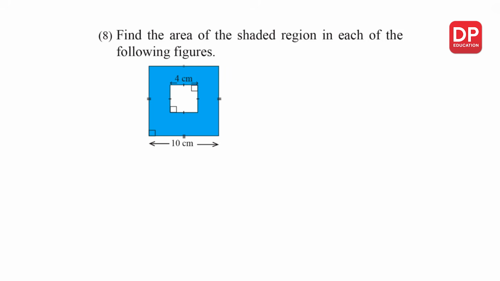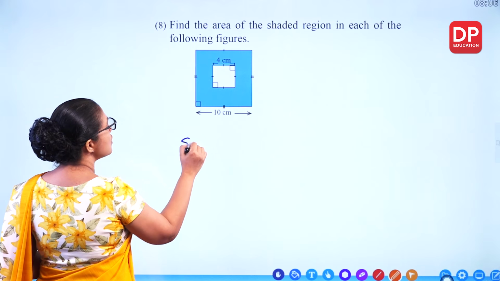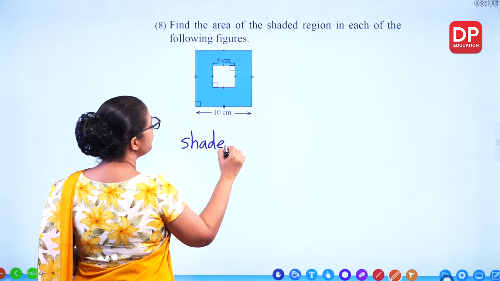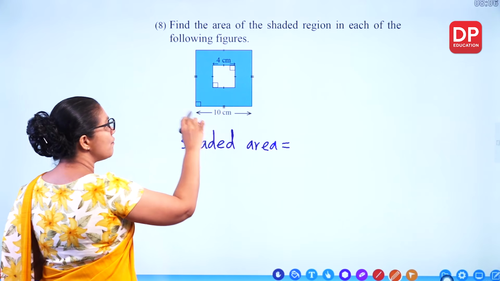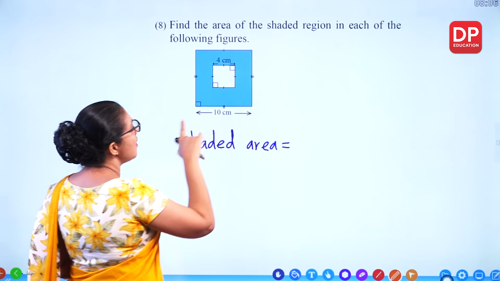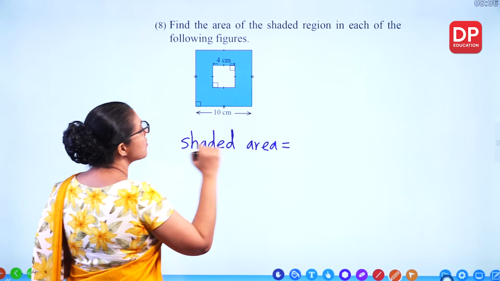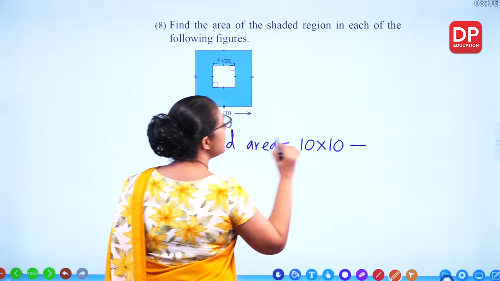Find the area of the shaded region in each of the following figures. So this is 1. So how do you find out the shaded? We can do this at once. Shaded area. We'll first find the full area. That means this is a square. So 10 times 10 is the bigger one minus.